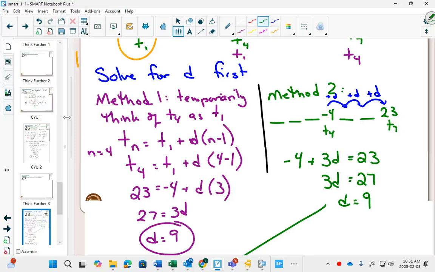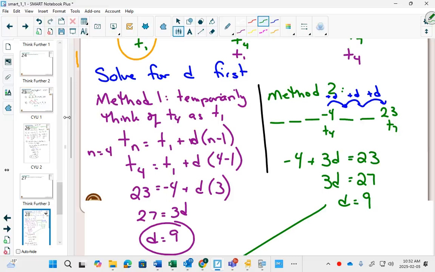Then you would say, I want to rearrange the formula and temporarily make this term 1, which would then make this term 4, and use a formula to solve for D. Or am I the type of person that just likes to use some logic, saying, if there's a common difference, how many times would I add D to go from one to the other? I would add D 3 times, so I could write an equation that says I could start with negative 4, add D 3 times and get 23, and solve for D that way.